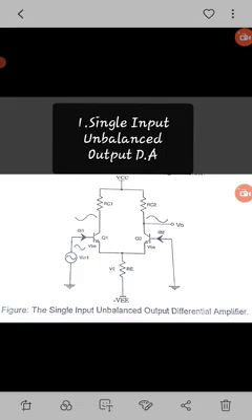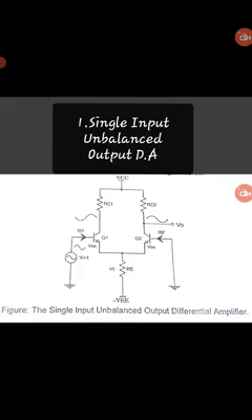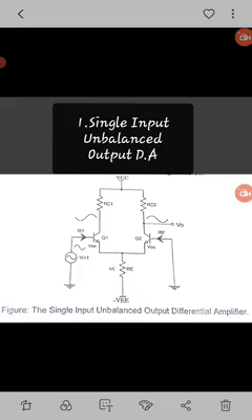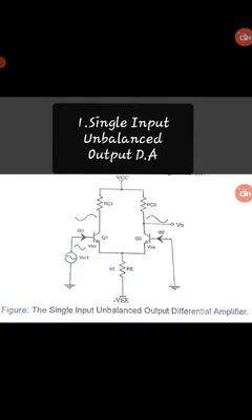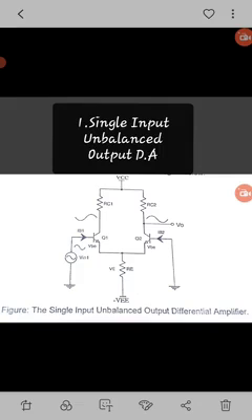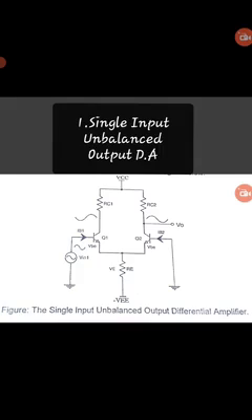At the same time, a non-inverted voltage gets generated at the collector of the transistor Q2. This is due to the effect of the applied input voltage Vin1, which is coupled to the transistor Q2 via the common emitter resistor Re.